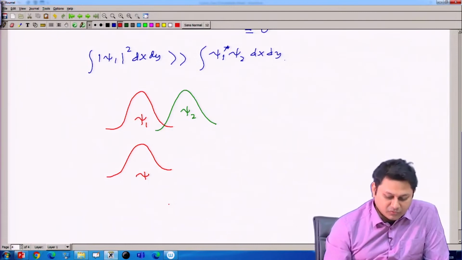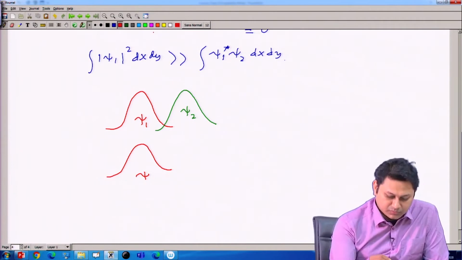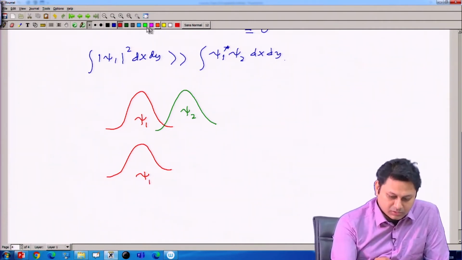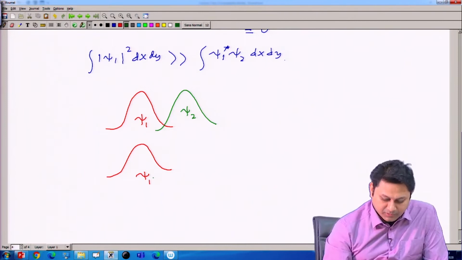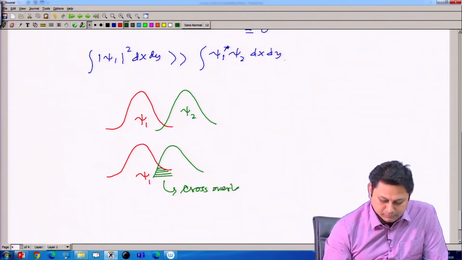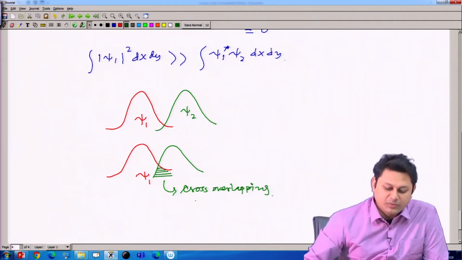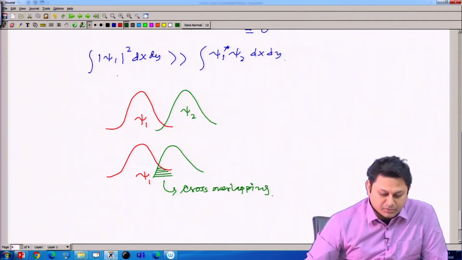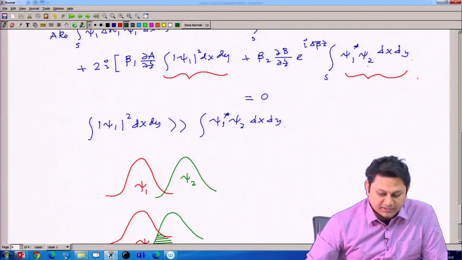But with the cross overlapping, only this portion is overlapping. So this integral will be much smaller compared to the self term, and I can neglect this term safely.